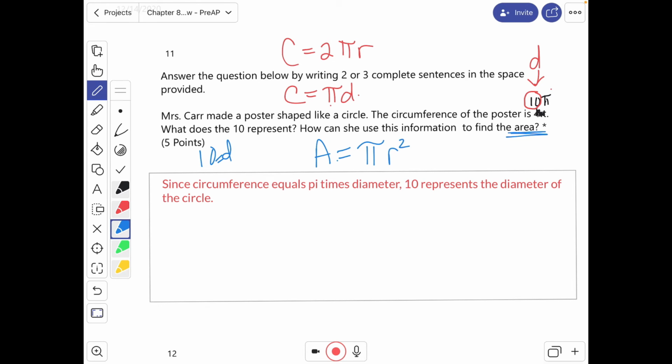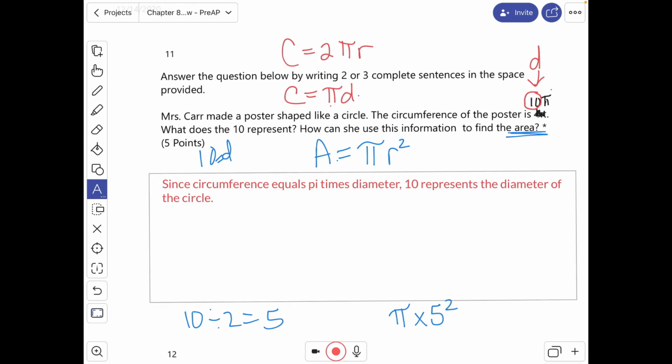How can knowing that 10 is the diameter help us to find the area of the circle? Well, if we know the diameter is 10, we can divide that by 2 and then plug it into the formula. Or multiply pi times 5 squared, and 5 squared means 5 times itself. So let's write about that.